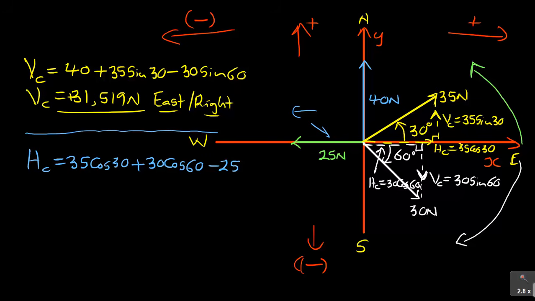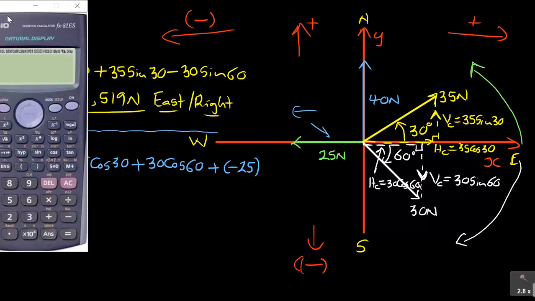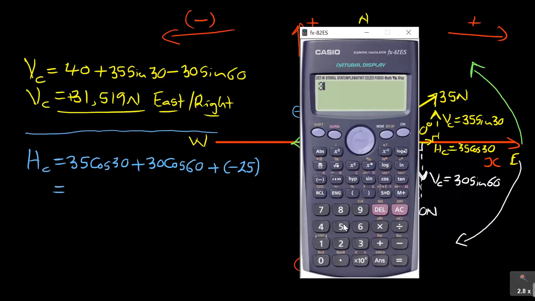You add it by writing plus bracket minus 25, which is the same as just writing the negative. So you have 35 cos 30 plus 30 cos 60 plus negative 25.